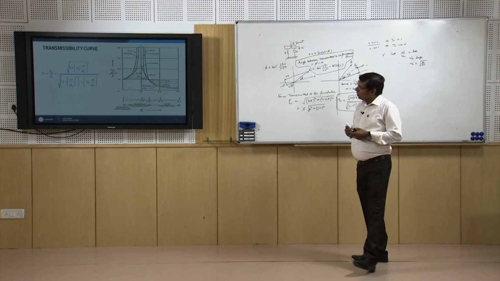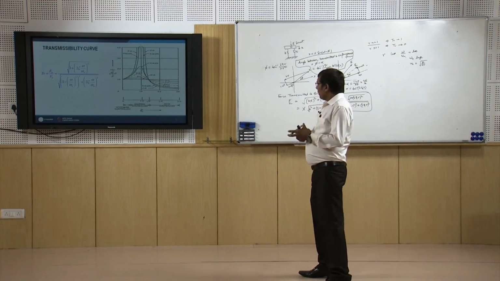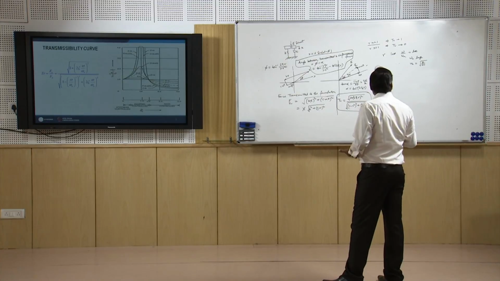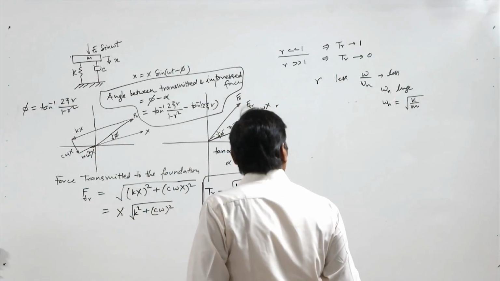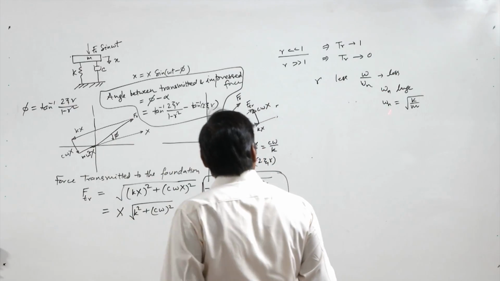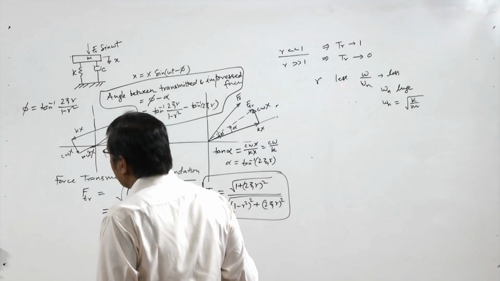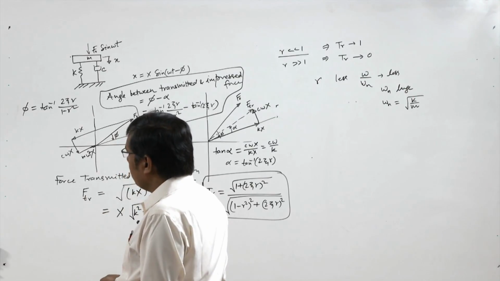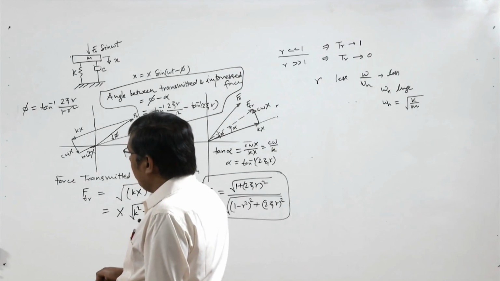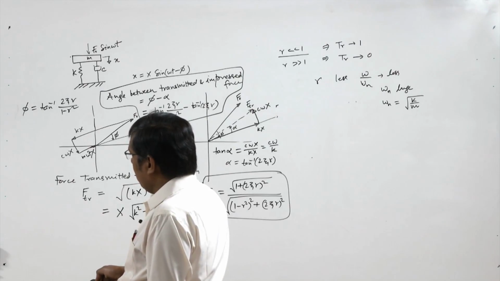So we can change the stiffness of the spring. We can take some large value of stiffness, and so we are in this region.